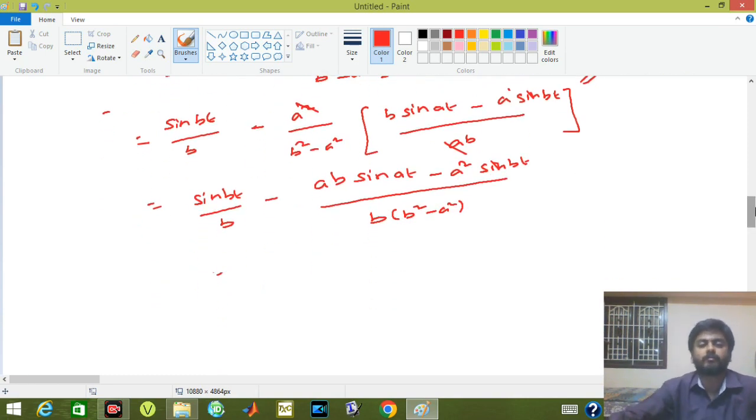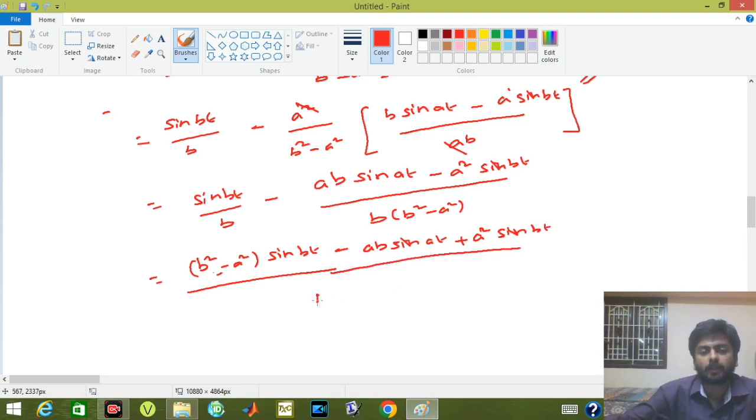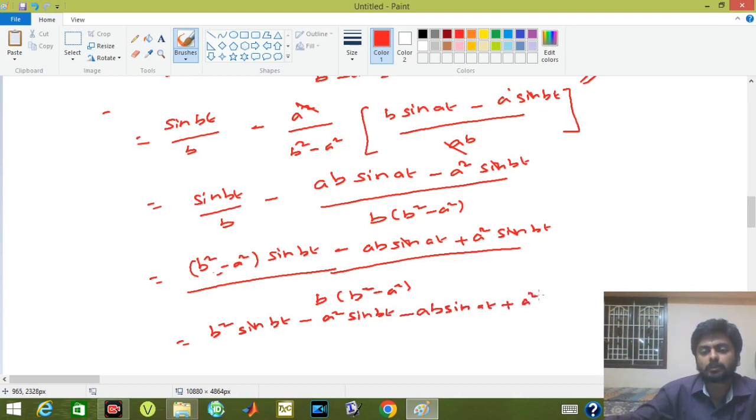So from this you can multiply this with b square minus a square, that is equal to b square minus a square sin bt minus ab sin at plus a square sin bt divided by b into b square minus a square, that is b square sin bt minus a square sin bt minus ab sin at plus a square sin bt whole divided by b into b square minus a square.